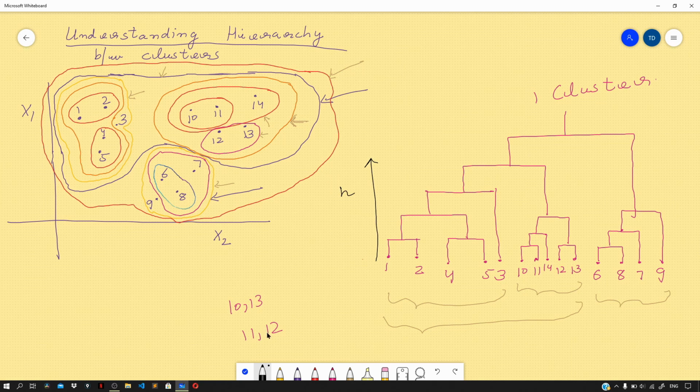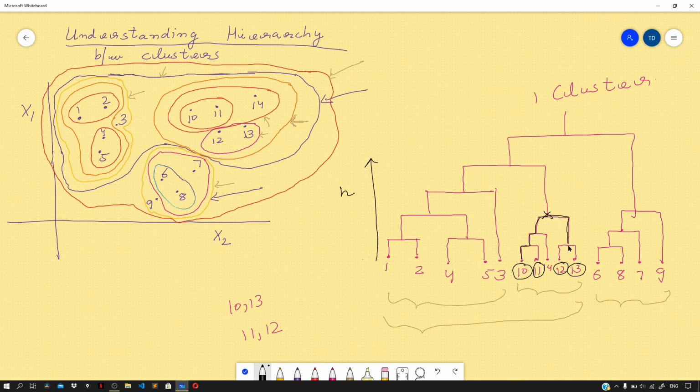So if you see here the branches corresponding to 10 and 13, they merge exactly at the same height at which the branches corresponding to 11 and 12 meet. So if you see 10 and 13, they are merging at this cut.